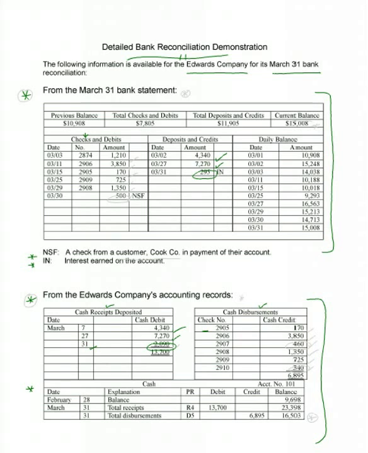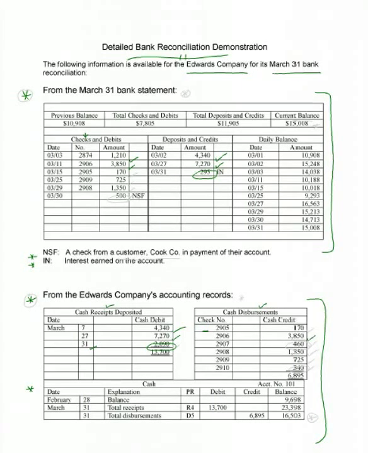So our first check, check number 12874 for $1,210, surely comes from last month's bank reconciliation. Our next check that cleared is check 2906 for $3,850, and that agrees with our bank.